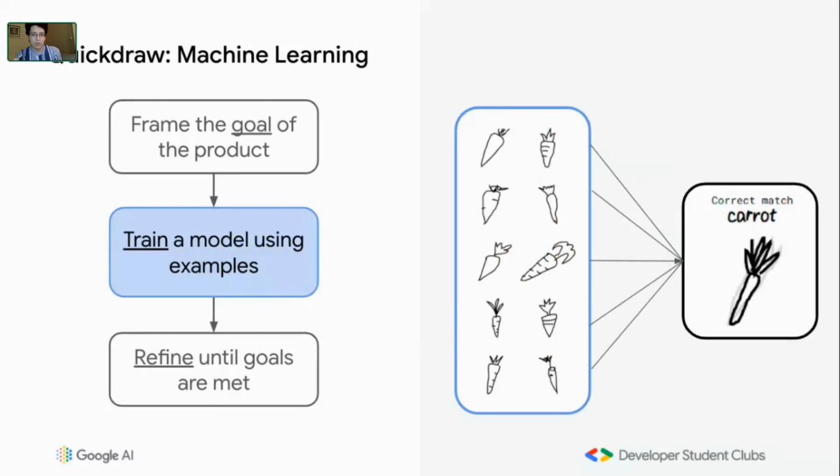Which, if we do in rule based, we might not be able to identify that any of these are carrots because we set a set of instructions rather than, well, here are the examples and figure out how it should look like. And here we have a drawing which it correctly matched as a carrot.